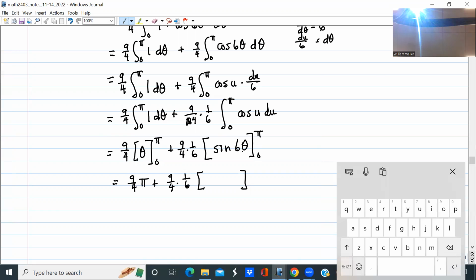And when you plug 0 in here, same thing, you get sine of 0. Oh, so it looks like all of this is just going to be 0. Oh, how convenient. So I just get, is that just 9/4 pi? There we go. I think that's it. So we would have guessed that the area of that 3-leaf rose there is just 9/4 times pi.